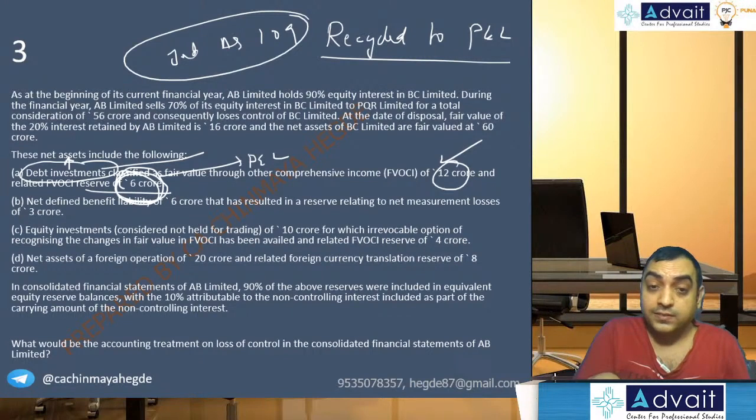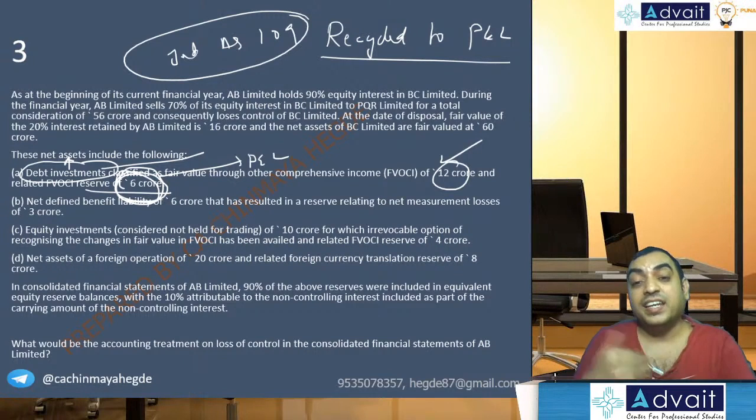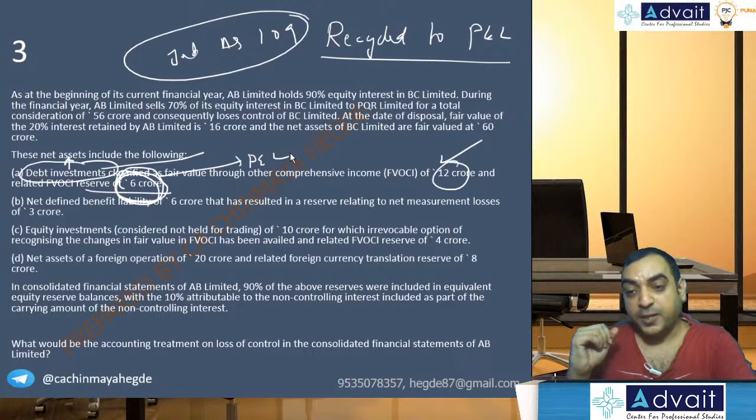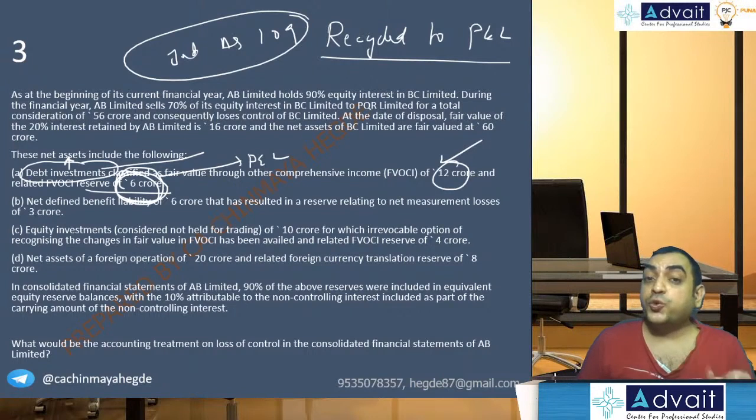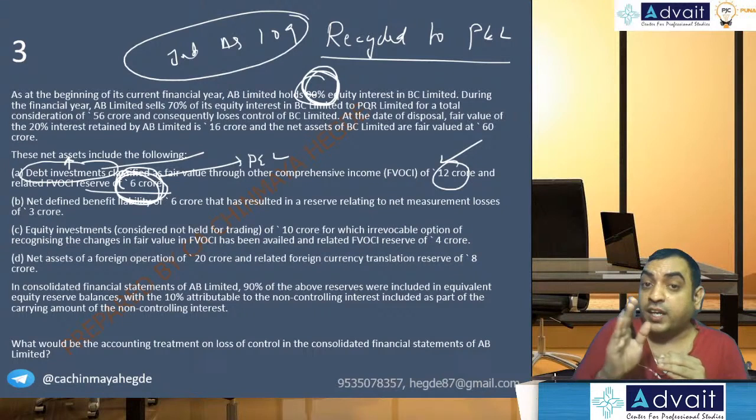Same thing, do it now. Whatever the reserve accumulated in OCI, FVOCI, because the asset is sold, it should be transferred to P&L, reclassified to P&L. But how much would be in OCI? You are a person having only 90% interest. So when that reserve was created, you have taken 90% to your OCI and 10% you have taken to NCI.